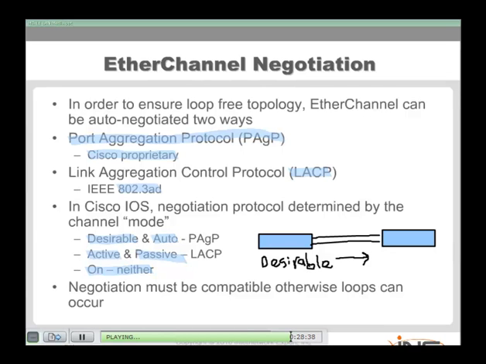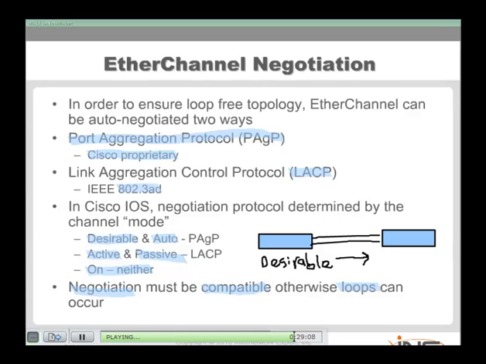By the way, when you're designing these EtherChannels, we need to make sure the implementers understand what we want to do by way of negotiation, because if you were ever to do an incompatible negotiation, this is an area where you can literally create layer 2 loops. Remember, we're fooling around here with something that impacts spanning tree protocol, so we need to be very, very careful.